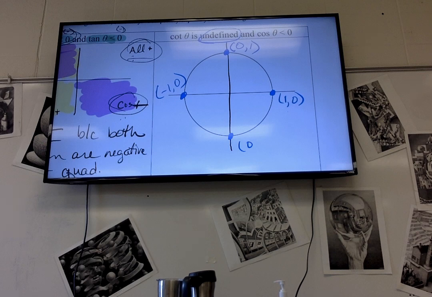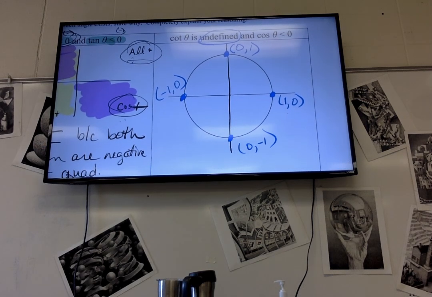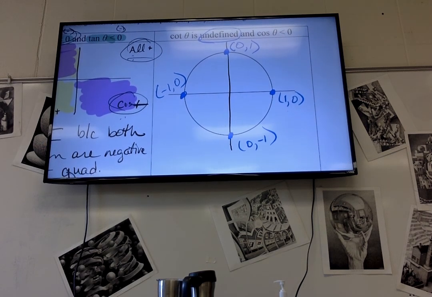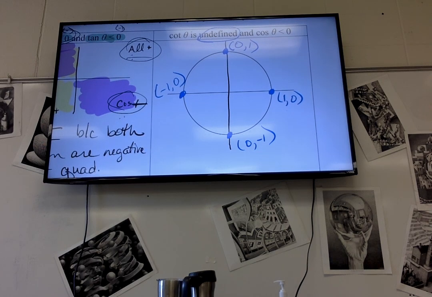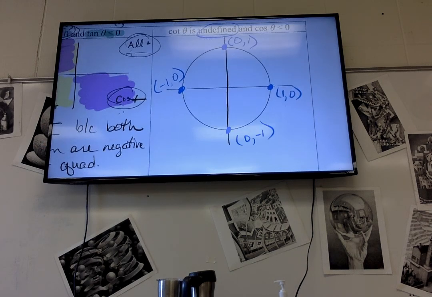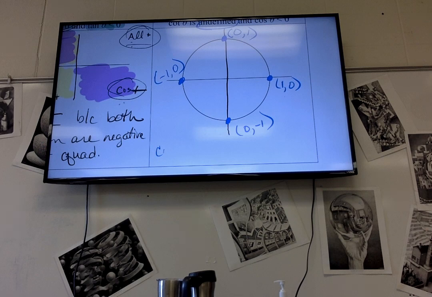That's important. All right. And then we want where cotangent is undefined. So cotangent, if you look back on the unit circle and how we find cotangent, it is x over y.